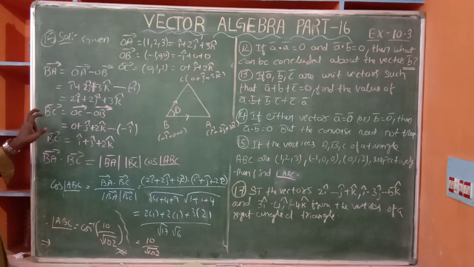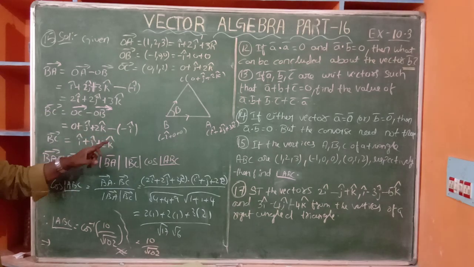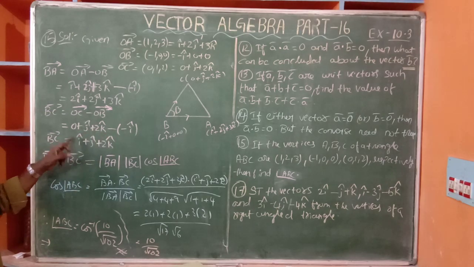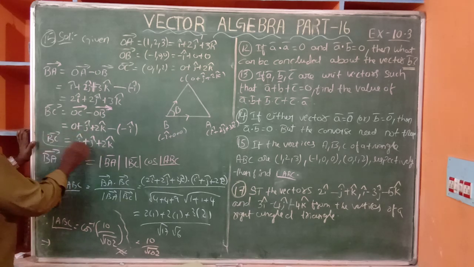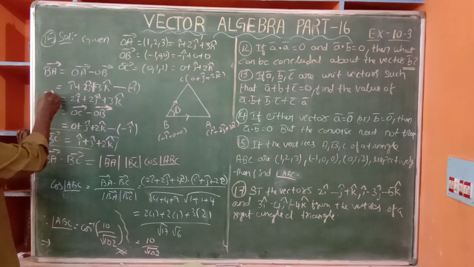And BC bar is OC bar minus OB bar. OC bar is 0 plus J plus 2K, minus OB bar, which is minus I. Minus of minus is plus I; I plus 0 is I only, plus J plus 2K. This is BC bar.